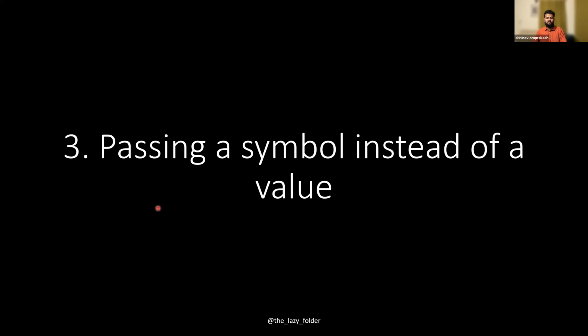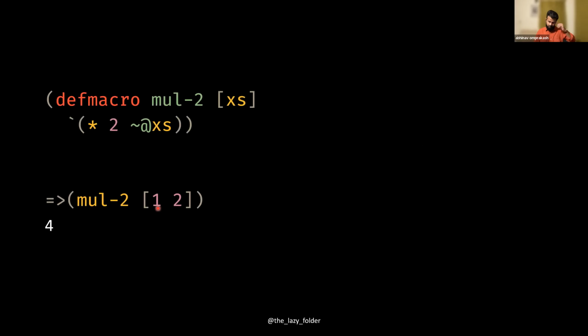Third one is passing a symbol instead of a value. Let's see this macro. Here, when we define the macro, we are unquote-splicing xs. That means we are expecting xs to be a collection, a value, a vector.